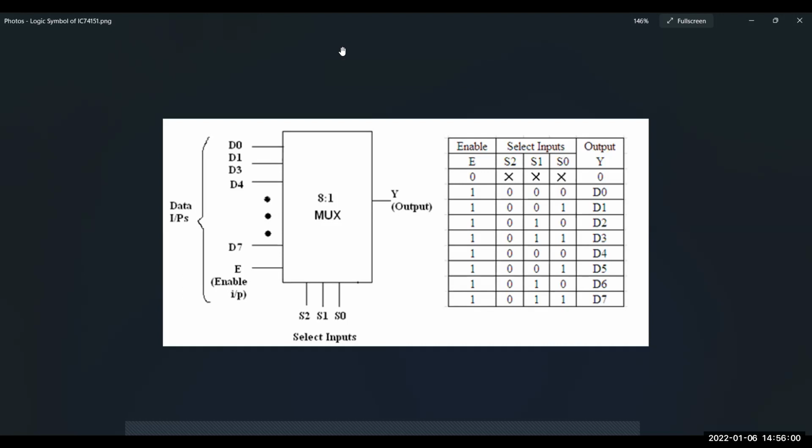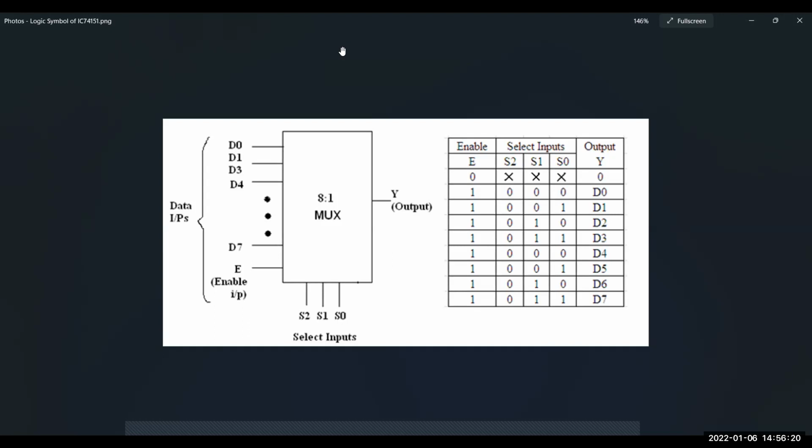Sometimes you will get E or E bar. Actually it provides both the normal and inverted outputs, Y and Y bar.